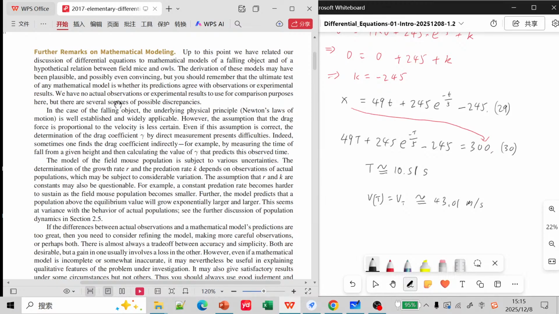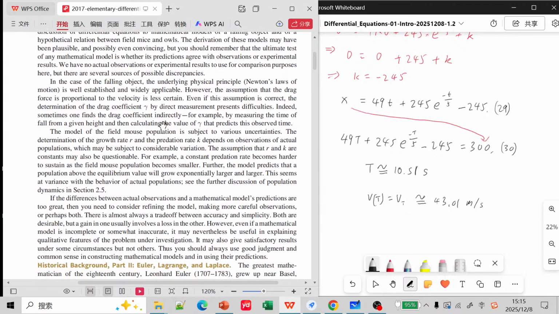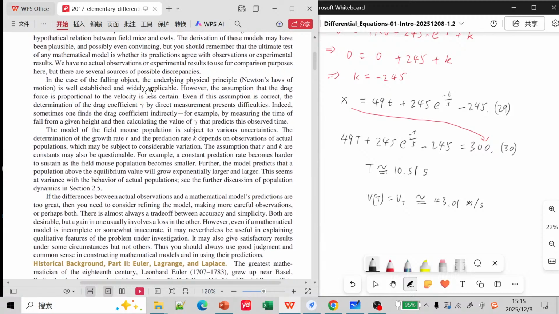We have no actual observations or experimental results to use for comparison purposes here, but there are several sources of possible discrepancies. In the case of the falling object, the underlying physical principle, Newton's laws of motion, is well established and widely applicable.